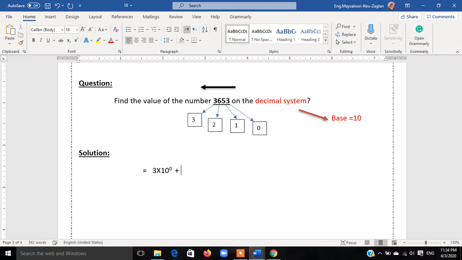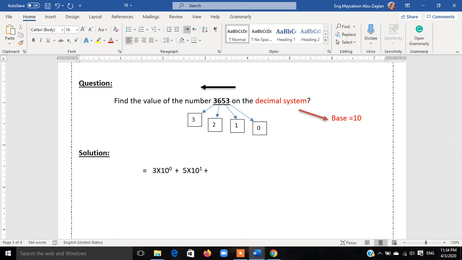Plus, we finished the first number. We are going through the second number. It will be 5 multiplied by 10 again, because we deal with the decimal system and the base will be 10, powered by 1. Why 1? Because the order for the number 5 here is 1.